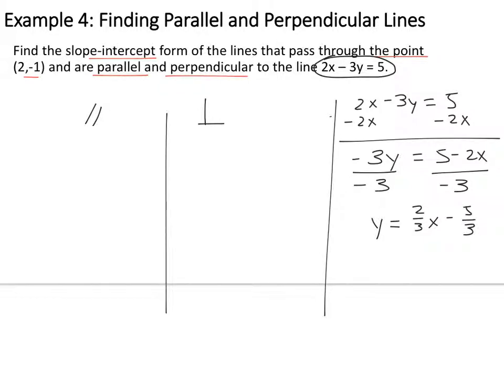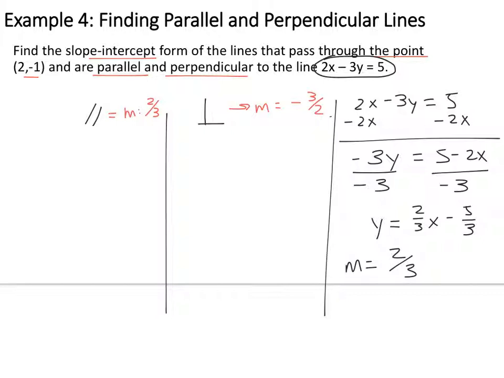Okay, so I had to make sure to divide each part of the numerator by the denominator. And so what I've got now is my slope that I'm comparing to is 2/3. And so you can immediately know that the slope on your line for parallel is going to be 2/3, and we can know that the slope is going to equal -3/2 over here because it's got to be perpendicular.